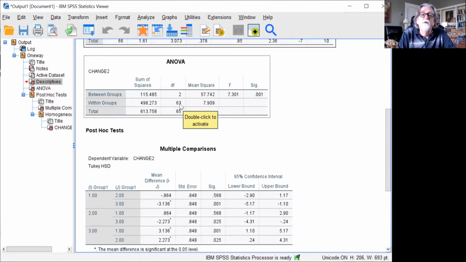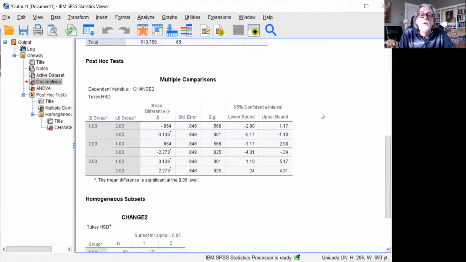So 66 minus 3 groups, 63, gives us a mean square of 7.909. And so when we divide the between group mean square by the within group mean square, we end up with an F of 7.3 and a significance level of less than 0.001. So it is a significant outcome.